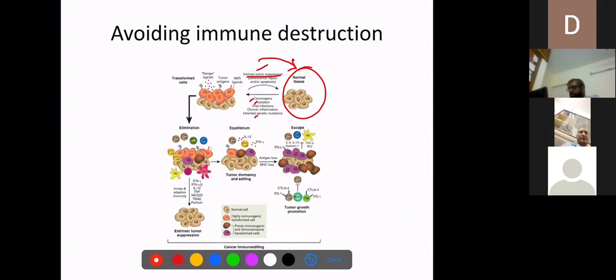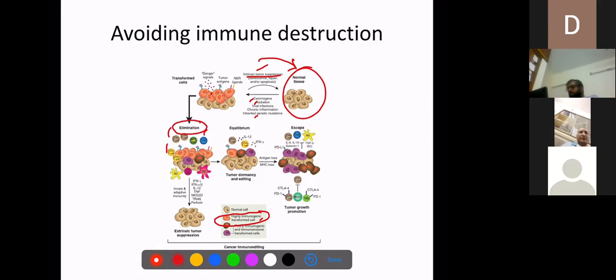This will lead to a transformed cell, which is usually a highly immunogenic cell. That means these cells will be recognized nicely by T lymphocytes and other immune cells. CD8 cells, CD4 cells and natural killer cells will come in, and because they are immunogenic, they show themselves as a foreign, abnormal cell. These immune cells will come and destroy the transformed cells, which leads to what is called elimination.